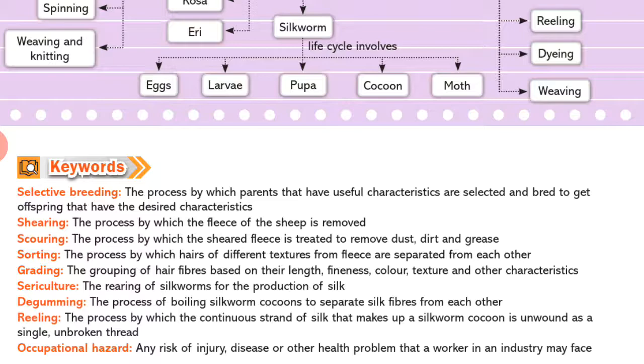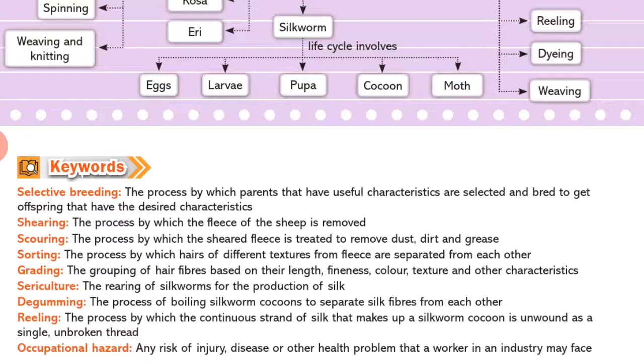Next is shearing, the process by which the fleece or the hair of the sheep is removed. Scouring, the process by which the sheared hair is treated to remove dirt, dust, and grease. Sorting, the process by which hairs of different textures from the fleece are separated from each other.